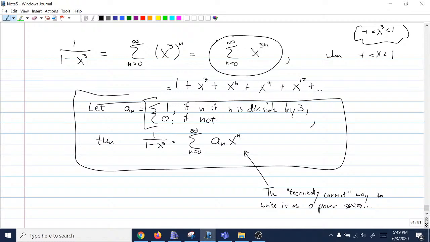You're totally allowed to just say x to the 3n as a shorter, easier way of saying we're only going to be using exponents that are multiples of 3. You don't need to come up with a sequence that equals 0 at all the other times. You might even be able to come up with a formula, like using some sin n pi something something.